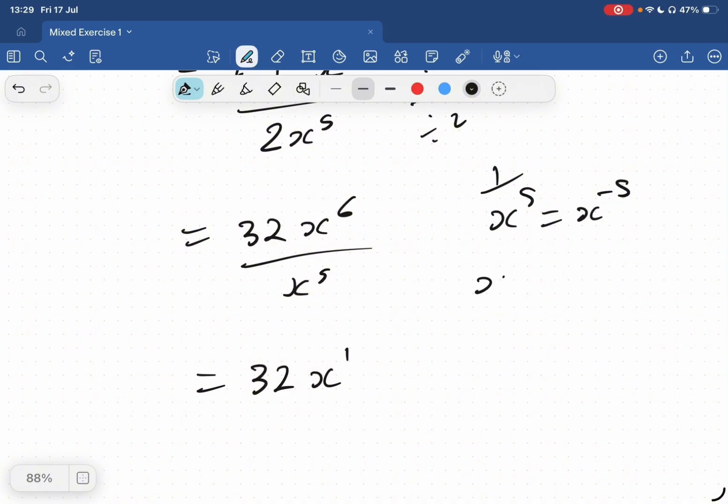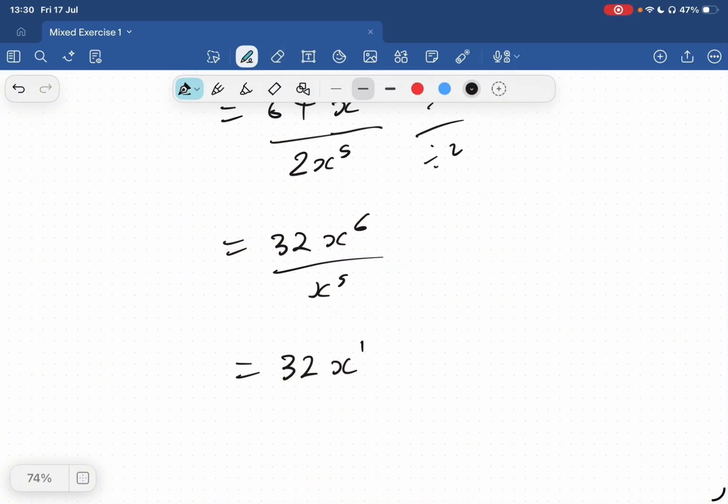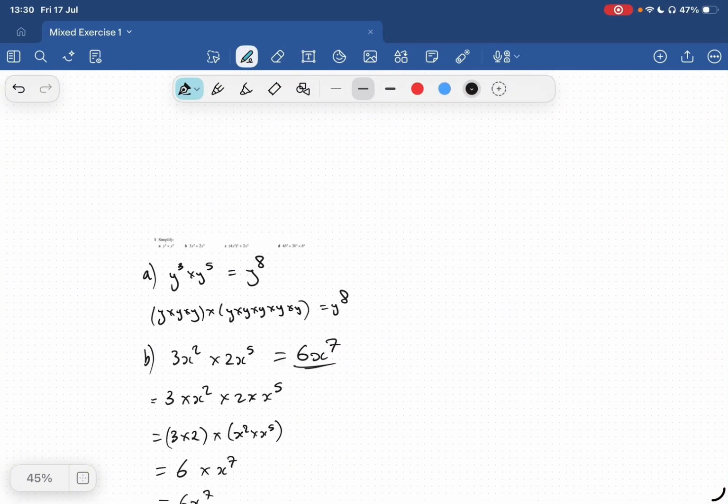So what we've actually got here is x to the 6 times x to the negative 5, and using our adding rules from beforehand, we add them together, which is x to the 1. Whatever makes most sense to you, remember that when you're doing these, but these are indices rules that we've got to know.